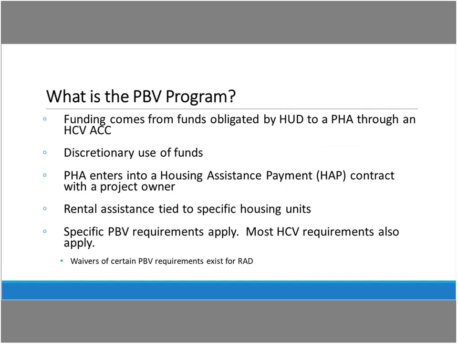There is a discretionary option within this overall funding that allows a housing authority to project base some of those resources into buildings rather than giving the resource to an individual or a household to then go out and shop for housing, so to speak. A housing authority can choose to project base those resources.